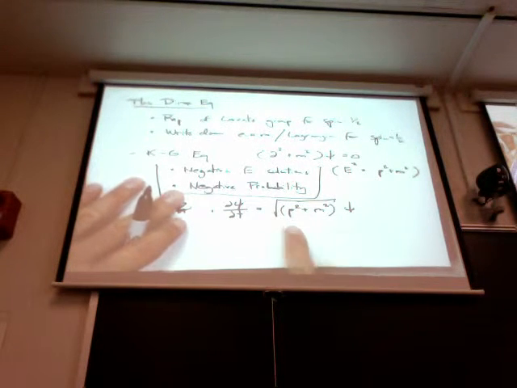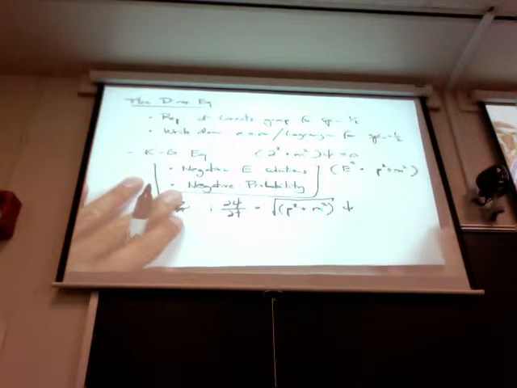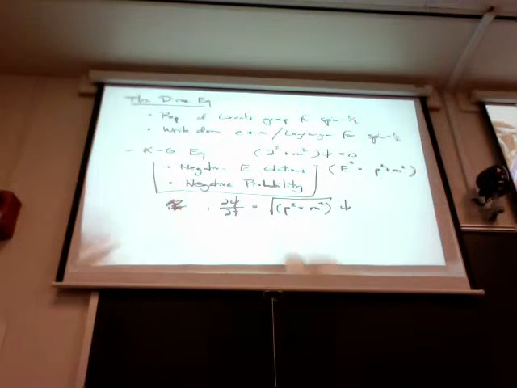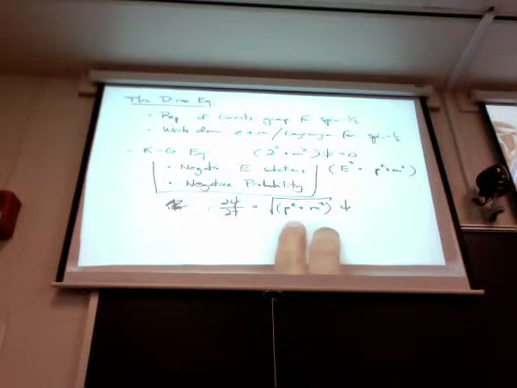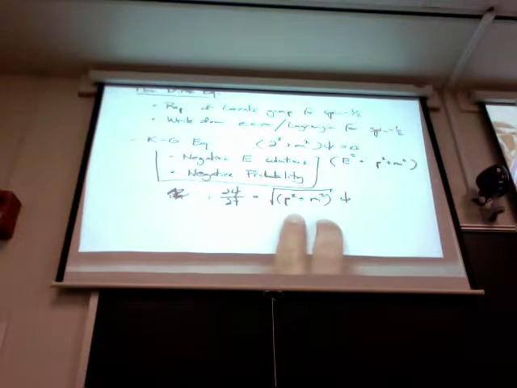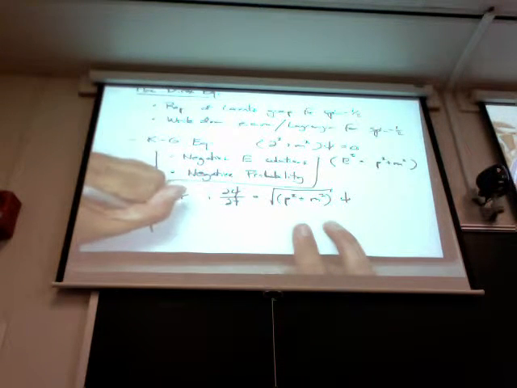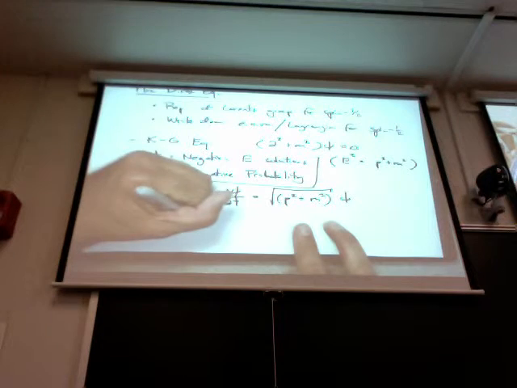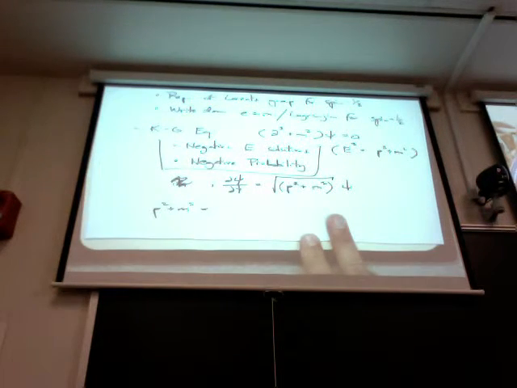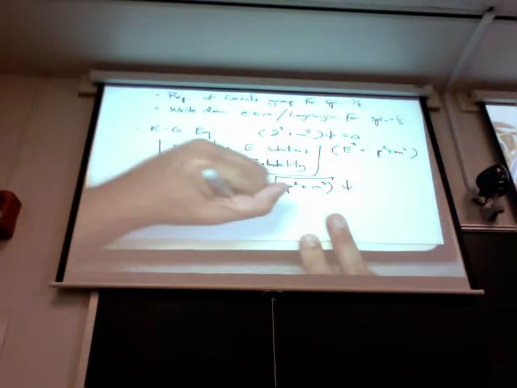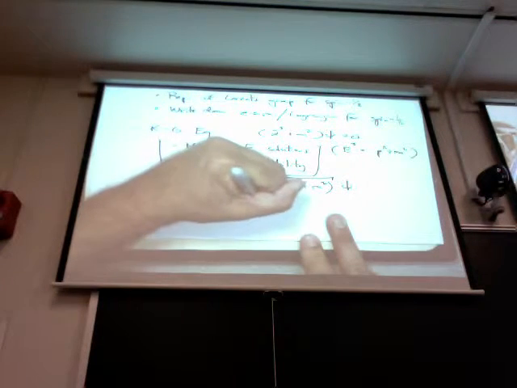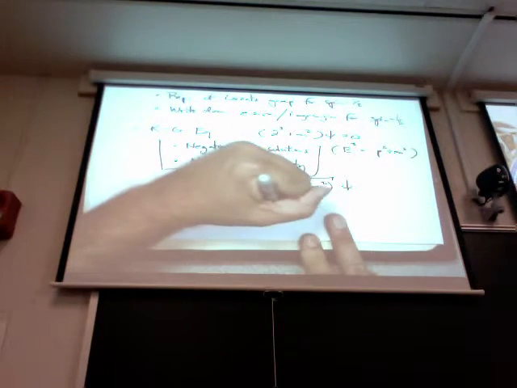And so what he came up with was rewriting this p squared plus m squared as a square of some quantity like this.